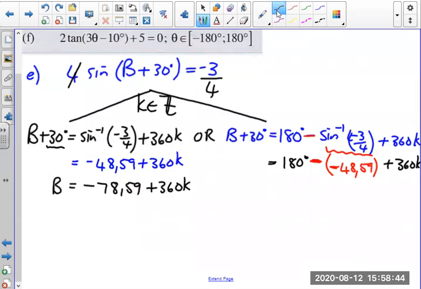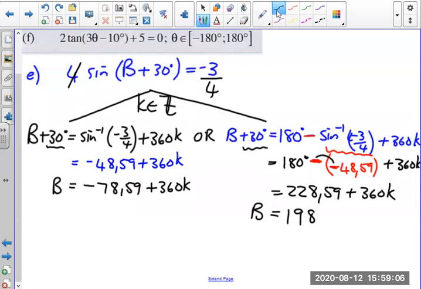So 180 plus 48,59 will give me 228,59 plus 360k. To get rid of this plus 30, I must minus. So this will give me 198,59 plus 360k. So now there's my general solution.